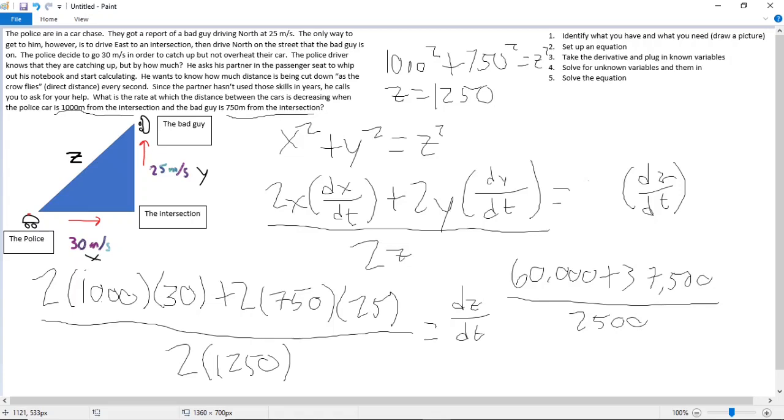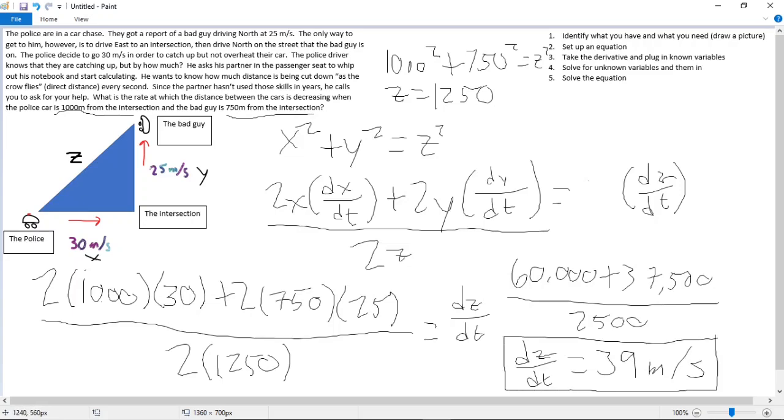Add that up: 60,000 plus 37,500 is 97,500, divided by 2,500. And you're left with dz over dt equals 39. So it would be 39 meters per second, and that is the final answer.